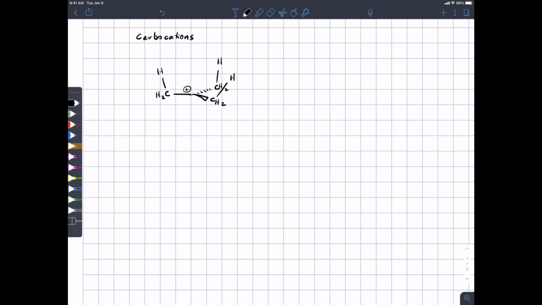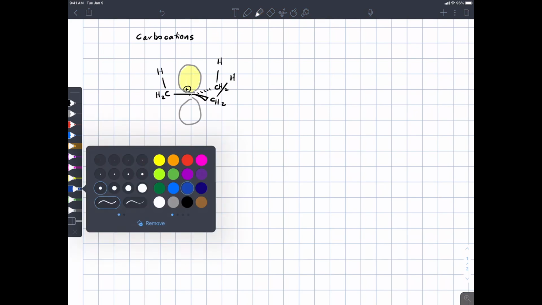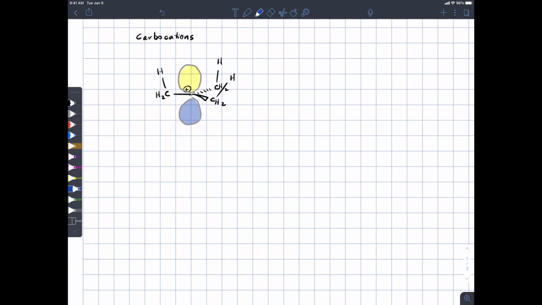I'm going to draw the empty p orbital on the positively charged carbon. I'm going to draw in the phases as we've done previously. And then going to remind you that because of sigma to p hyperconjugation between the empty p orbital and the filled sigma bonds adjacent to it, we actually have a LUMO that looks like this, where most is still on the positively charged carbon, but some is on those adjacent carbon-hydrogen bonds.